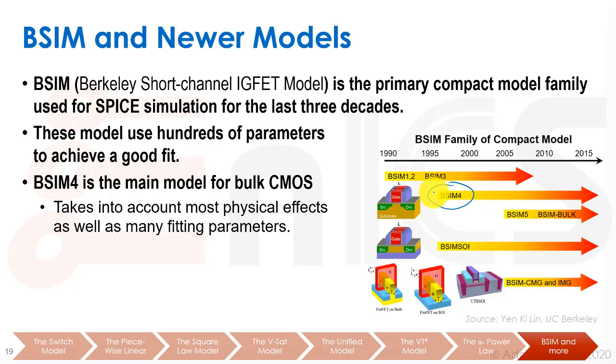If you download the user manual, you'll see it has a few hundred pages with lots and lots of equations explaining all of the coefficients and how to calculate the different parameters, what an actual VT is, what actual mobility is, and so forth. And you'll see that there are a lot of parameters that are just fitting parameters, added to make nice fits between what we get in simulation and our measurements.